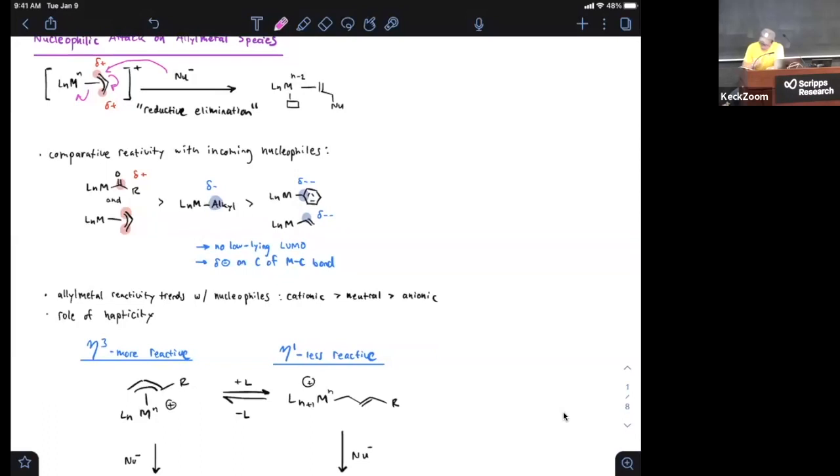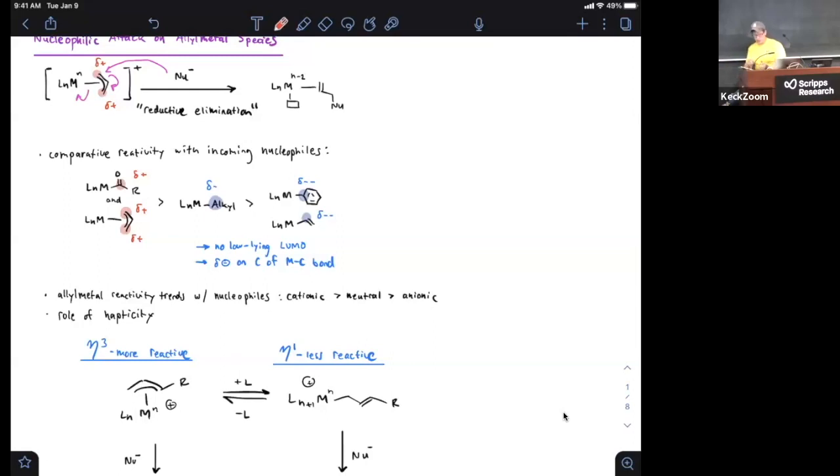I mentioned that the reactivity of allyl metal species is a little bit distinct compared to other organometallic species. So let's compare them to some others that we covered in class, such as alkyl metals or aryl metals. The key point I want to make here is that allyl metal species, and also acyl metal species we've encountered in class, share this feature: they have a low-lying LUMO that is carbon-centered, and that's their secret for being able to engage in bond formation in an outer sphere fashion.